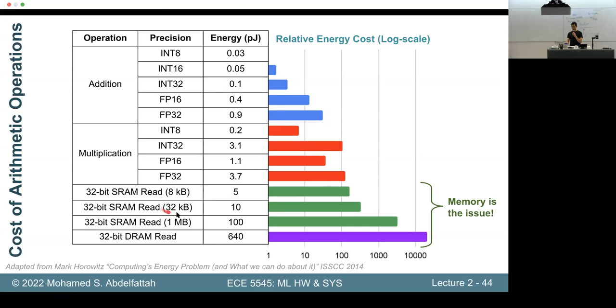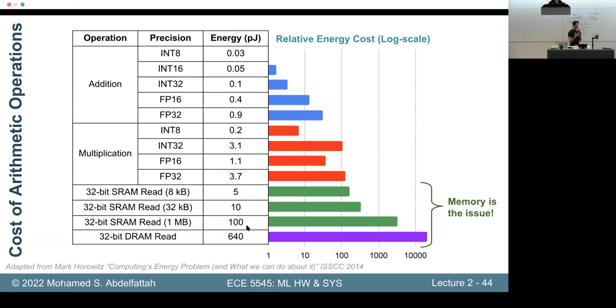And so if you go up to a 32 kilobyte RAM, accessing that same 32-bit number costs twice as much now, right? And if you go up to a 1 megabyte RAM on chip, we still haven't gone off chip, that same 32-bit number access now costs 100 picojoules. So clearly memory is the issue, right?